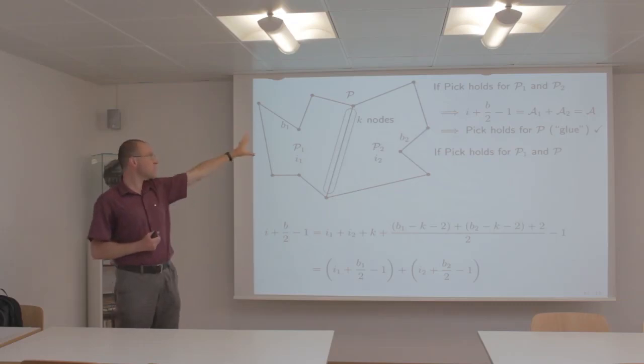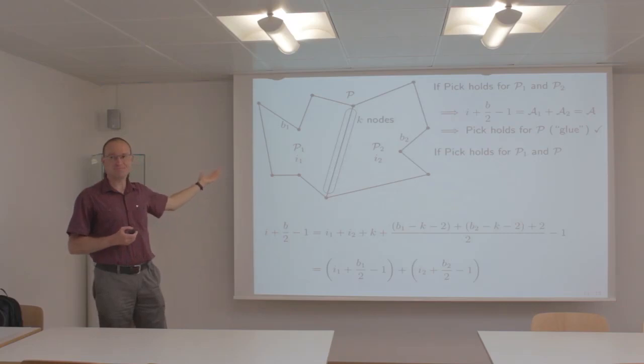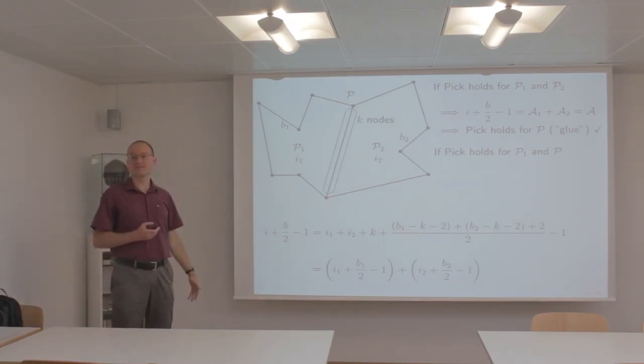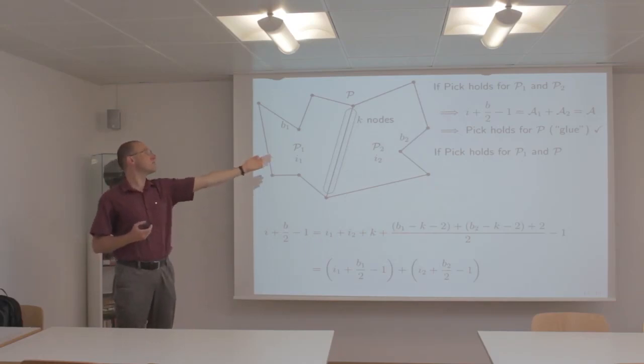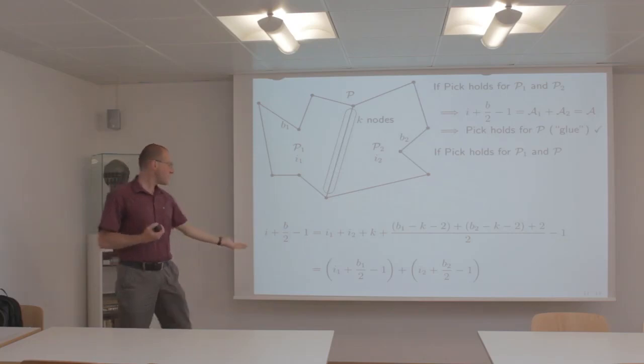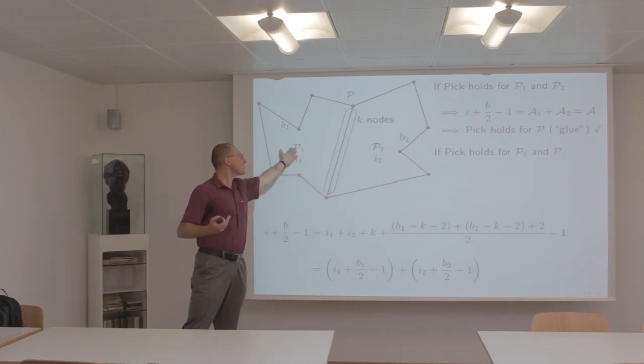Holds for P1, the big one, and P1. What does that mean? What does that mean about the three quantities here in this equality? What does it mean that Pick's formula holds for P1? It means that the first bracket is exactly the area of P1.